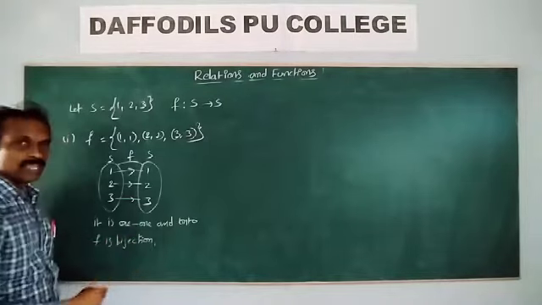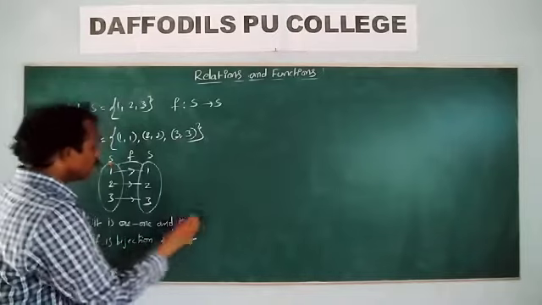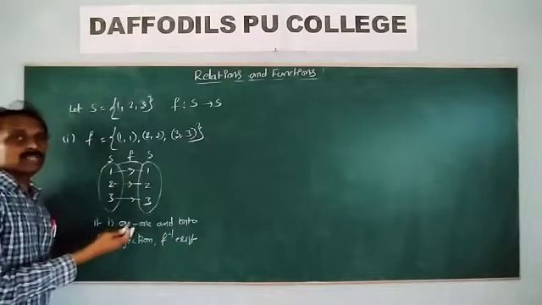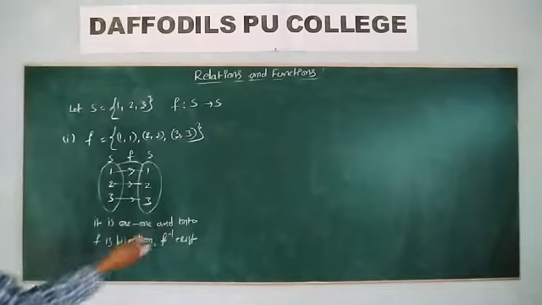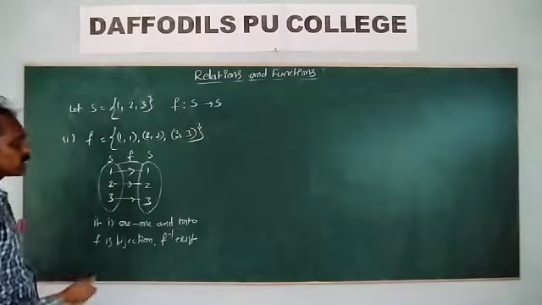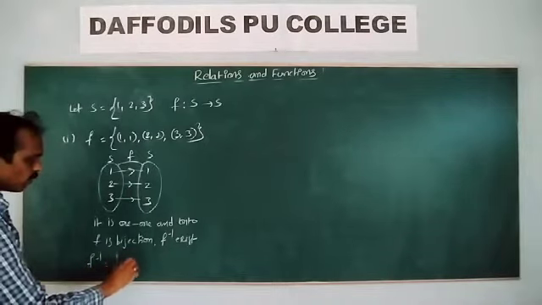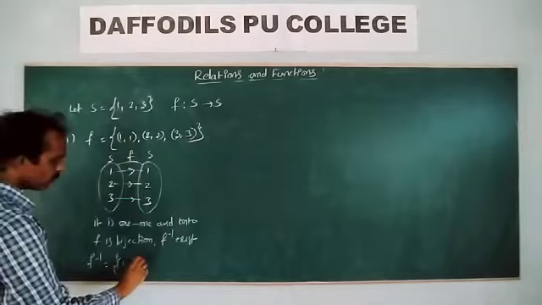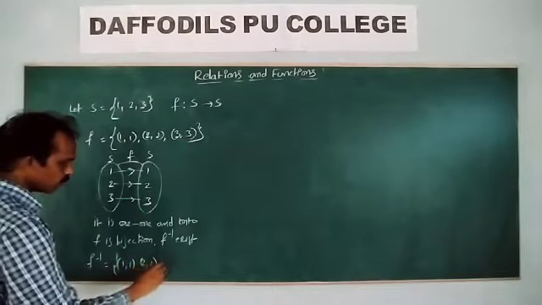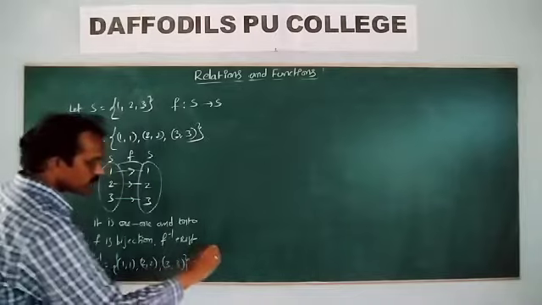F is a bijection means F inverse exists. They ask to find F inverse if it exists. So F inverse exists, because one-one and onto are satisfied. Now what is F inverse? F inverse is equal to {(1,1), (2,2), (3,3)}, the elements written in reverse. So F inverse is also the same as F.